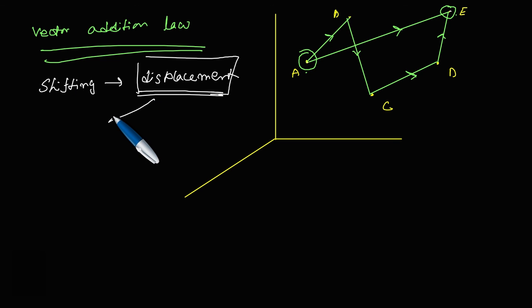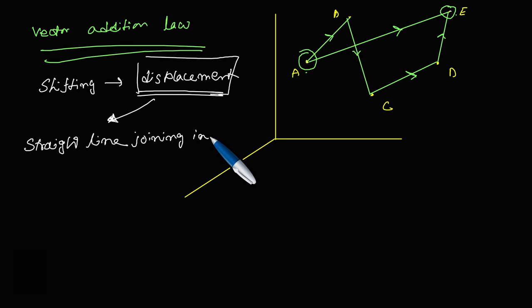So displacement, I'm writing down, is a straight line joining the initial and final points. Only the final point.